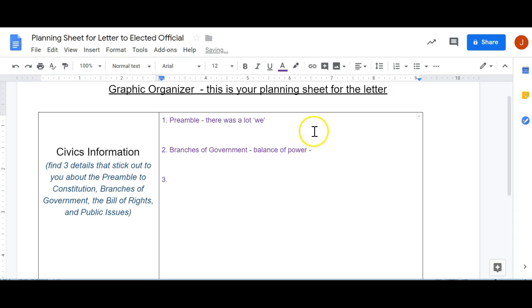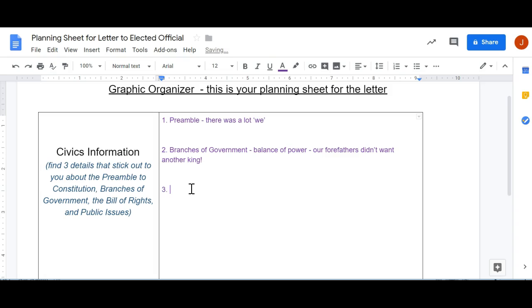The reason why our branches of government are organized this way, to have a balance of power, is because our forefathers who wrote the Constitution didn't want another king, because they had come from England where the king had so much power, and we wanted to make sure that our future government, our future leaders, didn't have the power like the king, because regular people didn't get a say.